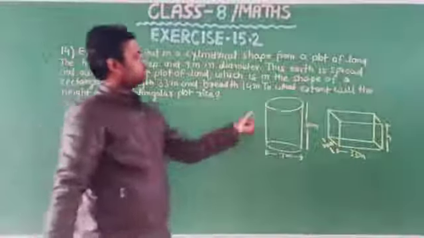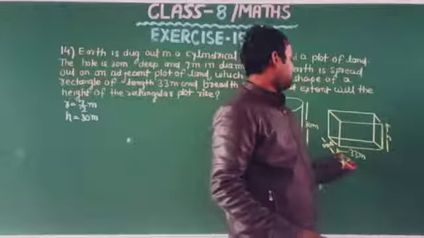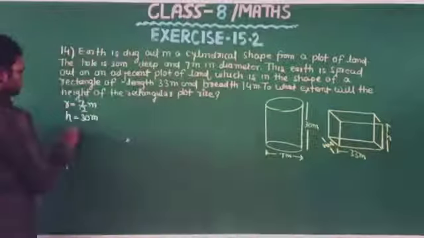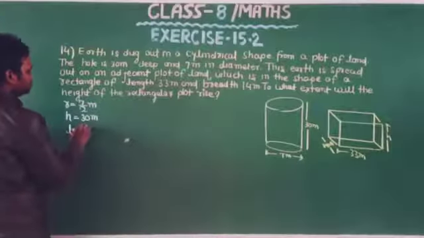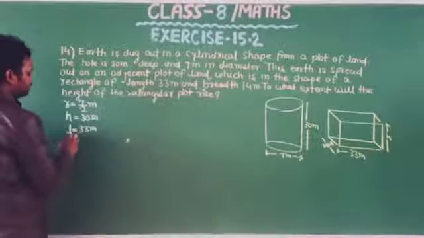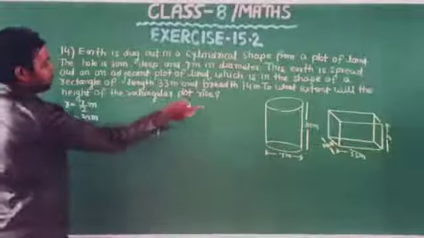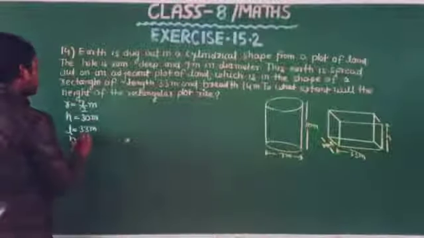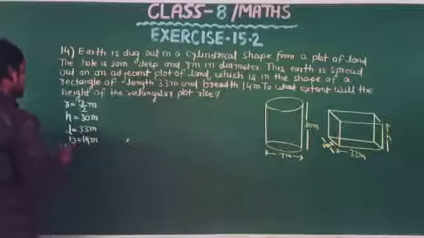Also the soil is spread in the form of a rectangle of length 33 meter and breadth 40 meter. Suppose L is the length of the rectangular field, which is 33 meter, and B is the breadth of the rectangular field, which is 40 meter.